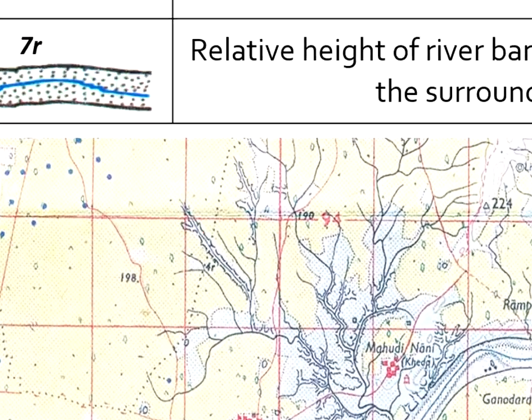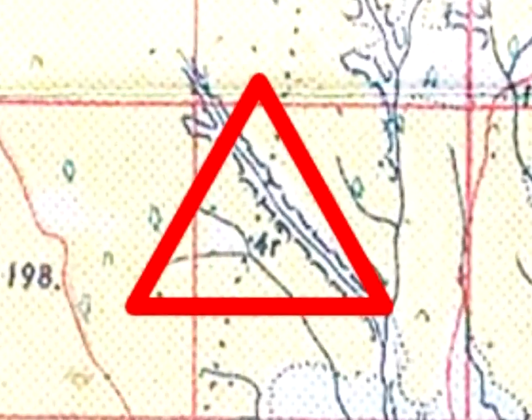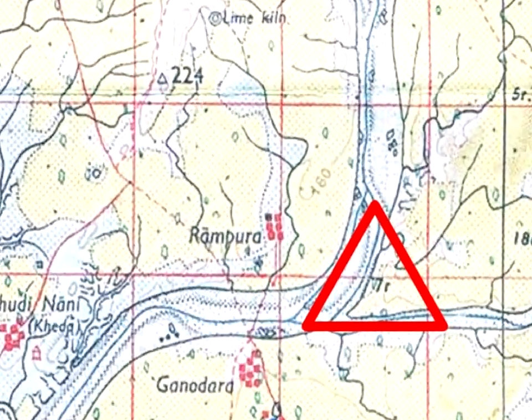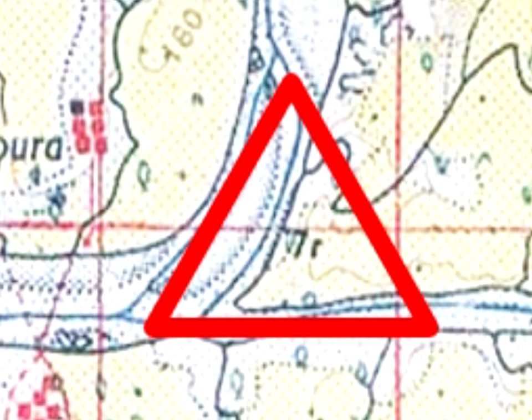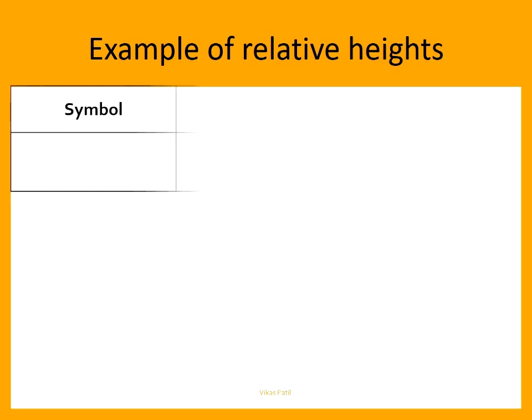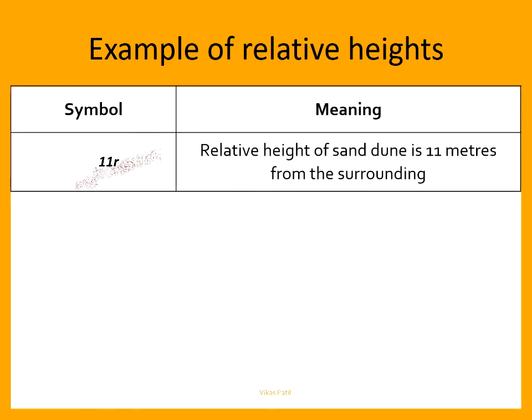Here on this map extract, you can see 4R written beside the dry stream. Here 7R written beside Sipu river. Next example is a cluster of brown dots, which mean sand dune, and 11R written along with it.